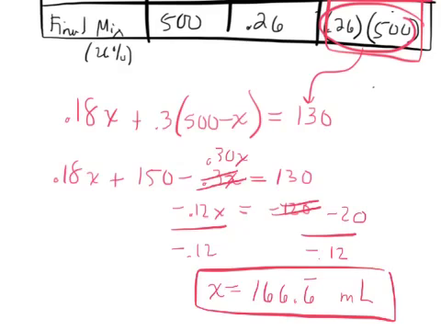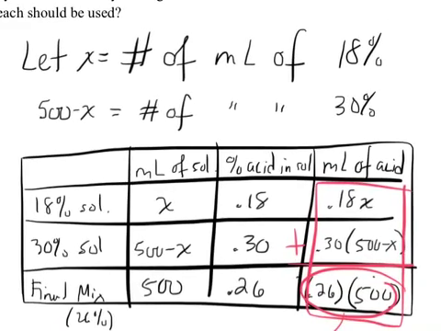Check your answer, please. Make sure it's right. Now, what we have to think about is this is our answer. What did the question ask us for? How much of each? This is the amount of how much percent solution. Which percent solution represented X? Look back up at your let statements, people.